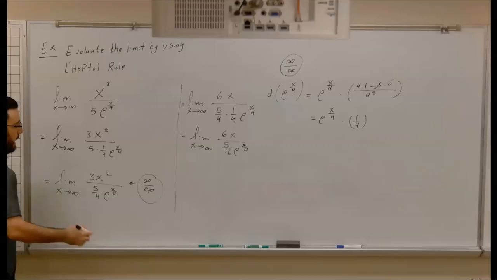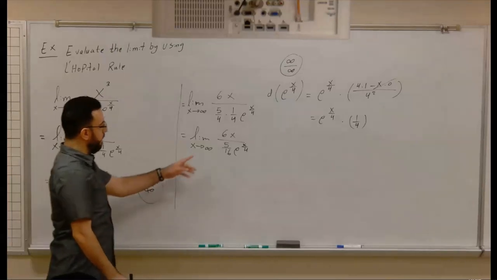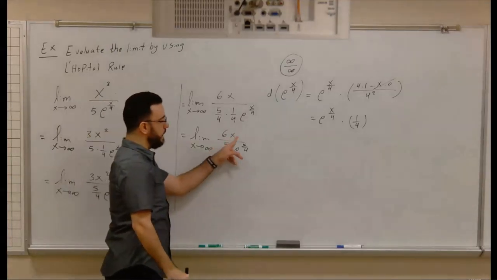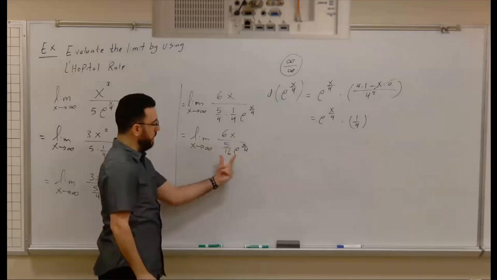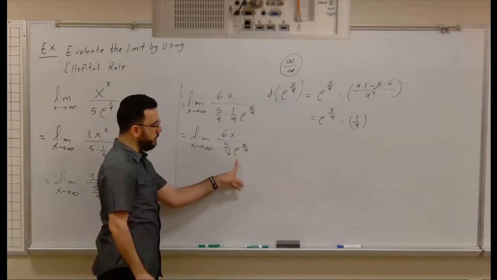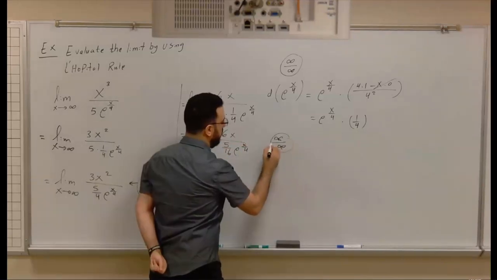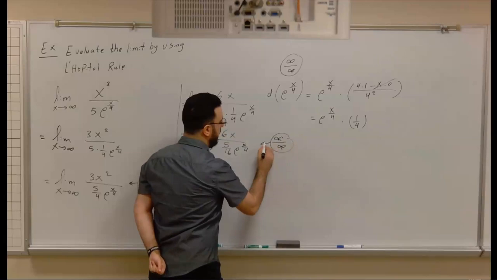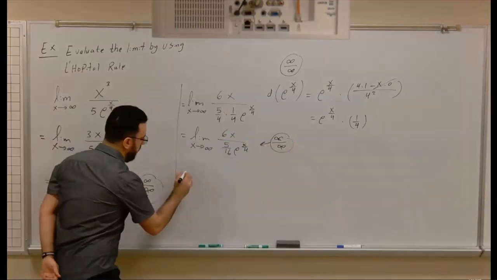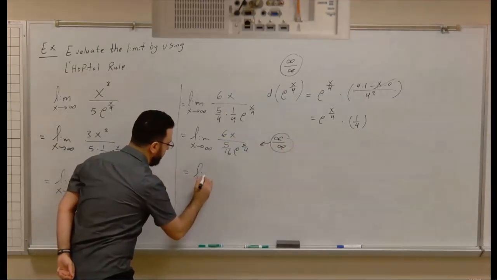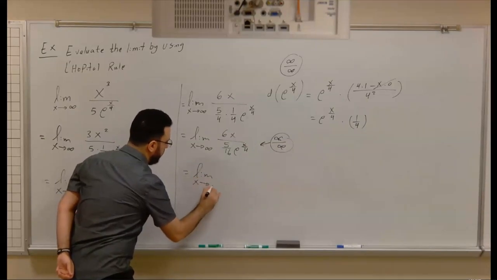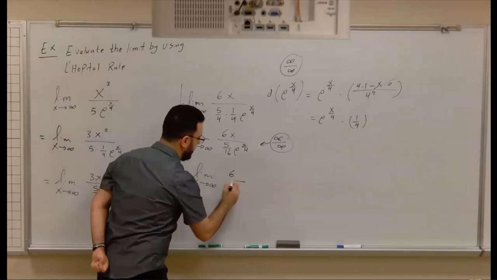Again, we're going to check again. If I plug in infinity here, it's going to be 6 times infinity, infinity. On the bottom part, the exponential function at infinity is also infinity. That means infinity over infinity. So I can use L'Hopital's rule again. This one's going to be equal to the limit when x approaches infinity, take the derivative here, it's 6.